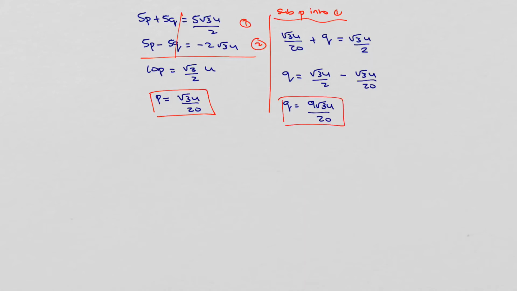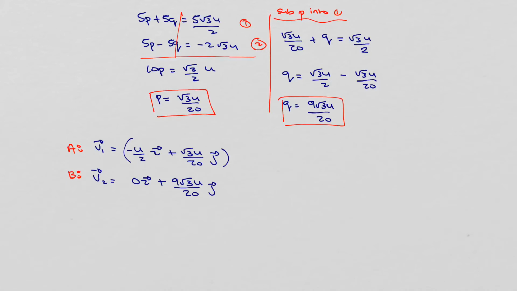Okay, so now we have p and q. I called the two spheres A and B. So after, the velocity of the first one is going to be minus u over 2 in the I direction, plus root 3u over 20 in the J direction. And the velocity of the second one is at rest in the I direction, so it only has velocity in the J. So 9 root 3u over 20 j.